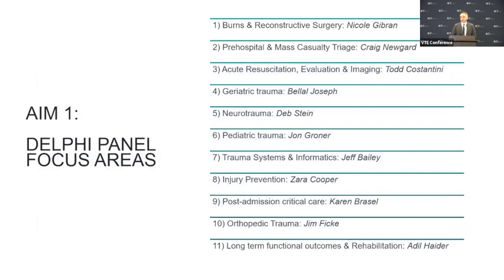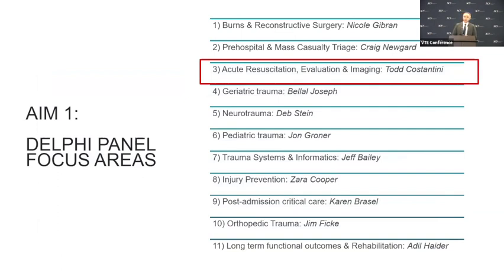So in total, there were 11 Delphi panel areas, so 11 different panels that were convened to tackle this question. And I had the honor and really the pleasure of leading the acute resuscitation, evaluation, and imaging panel. As you see there, this included not only trauma, but burn, orthopedics, across the spectrum of care.